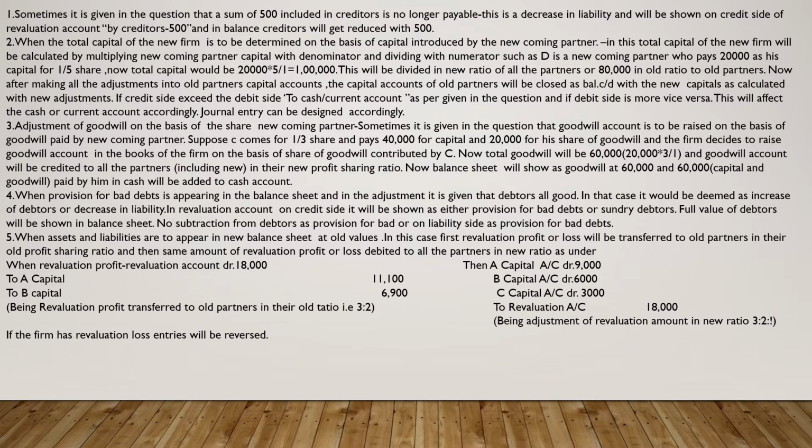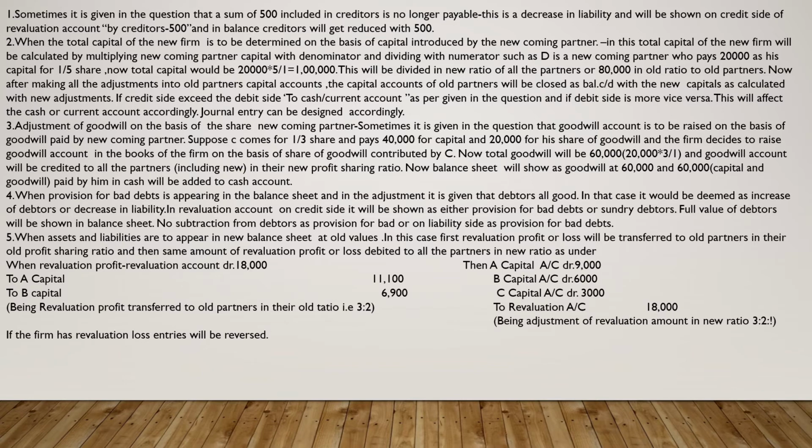In the revaluation account on the credit side, it will be shown as either provision for bad debts or sundry debtors. Full value of debtors will be shown in the balance sheet. No subtraction from debtors as provision for bad debts, or on liability side any provision for bad debts will be shown.